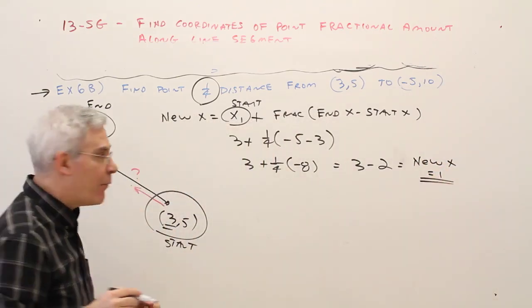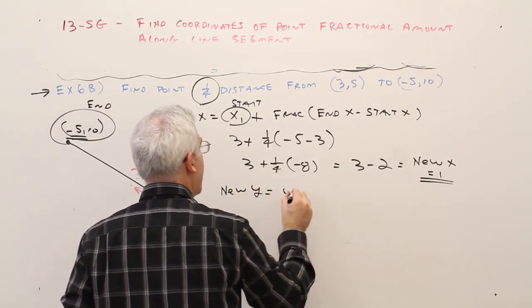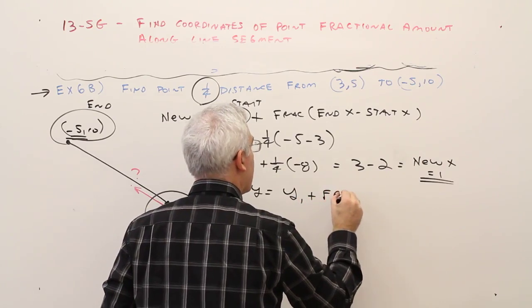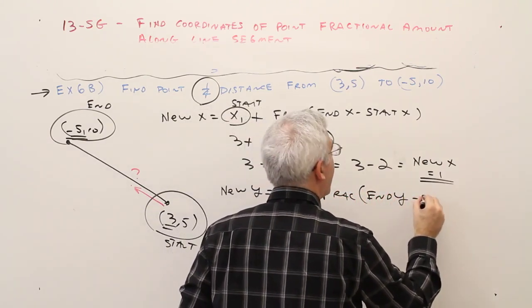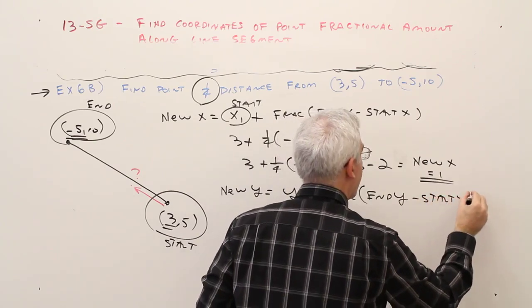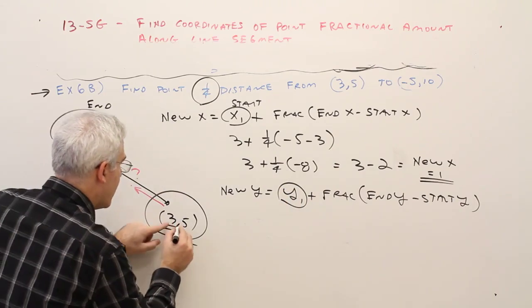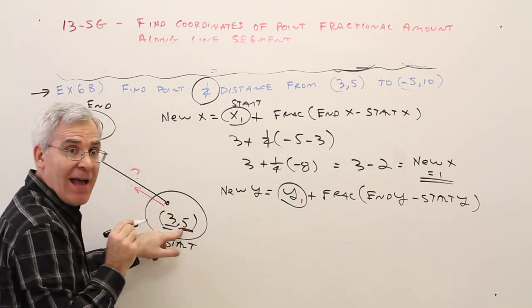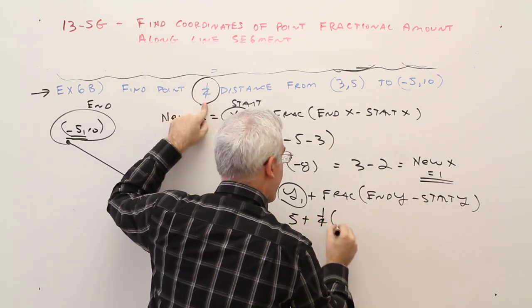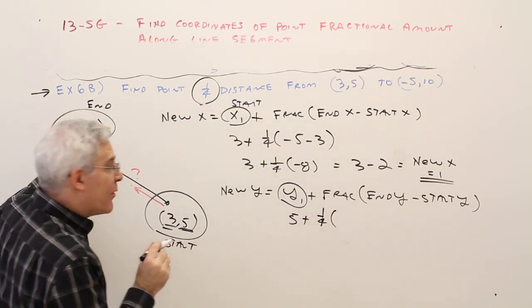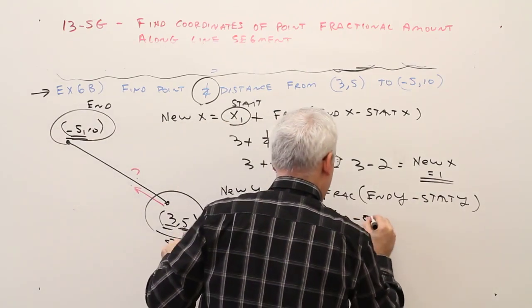Now I'll do the same thing for my new y. New y equals y1 plus the fraction times end y minus start y. My starting y value is now 5. So 5, my fraction was 1/4. My ending y value was 10. My starting y value was 5.